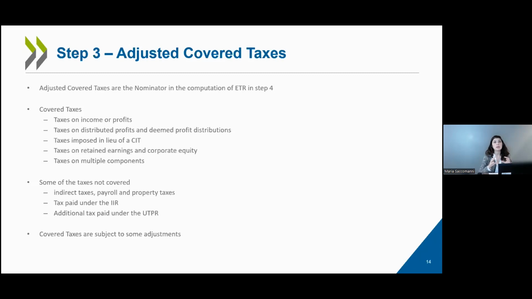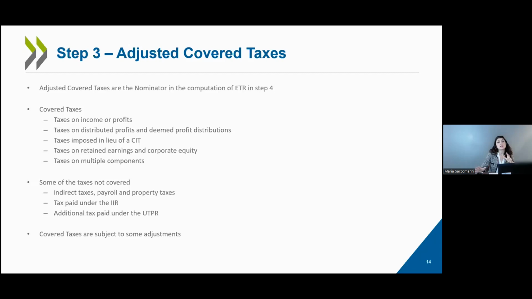So when a tax that is accounted in the tax line does not qualify as a covered tax, it should be excluded from the numerator, and in the majority of cases shall be included in the denominator because it is a deductible expense.